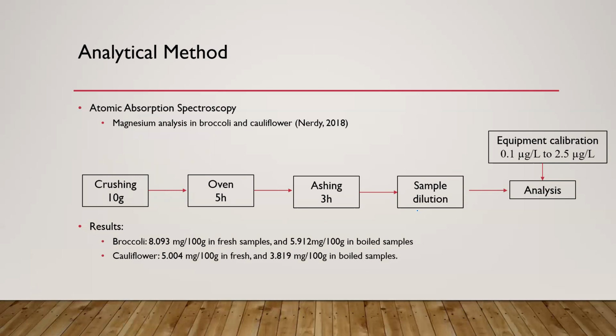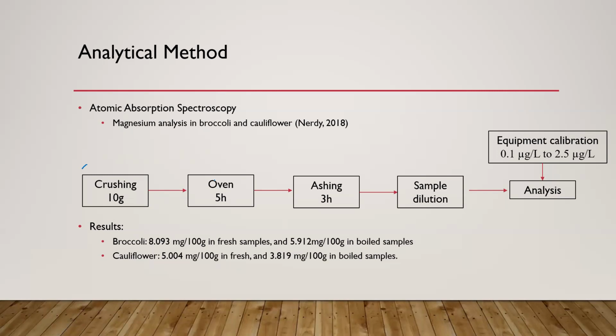From sample preparation to calibration to analysis, they had different steps: crushing 10-gram samples, then oven for 5 hours, then ashing for 3 hours, then sample dilutions, and then analyzing by atomic absorption spectroscopy.